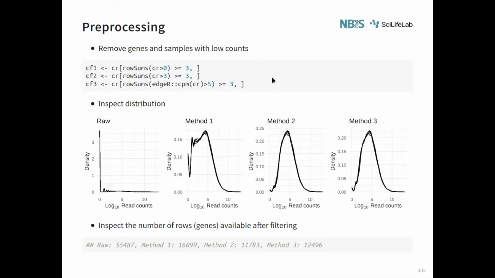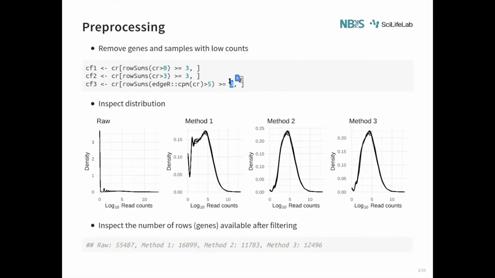So if you said, okay, greater than or equal to all your samples, then the problem is that if some genes are completely turned off in one experimental condition, then you lose those genes. If there are 6 samples here and you set this to 6, you're being too stringent.